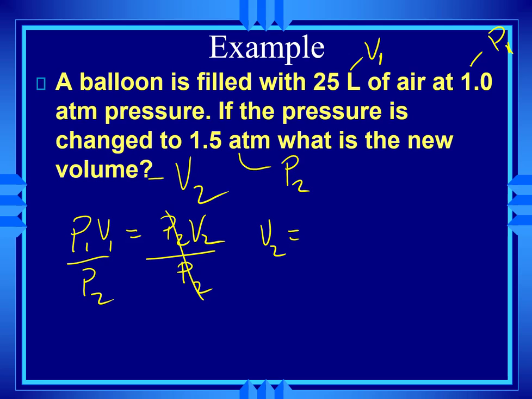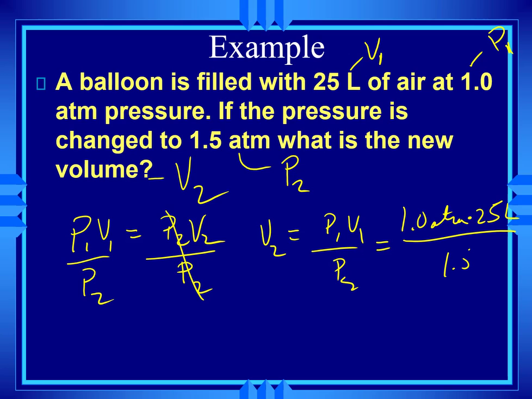So V2 equals P1 V1 over P2, which is 1.0 atmosphere times 25 liters divided by 1.5 atmospheres. My atmospheres cancel out and leave me with liters, which is good because I was looking for a volume. And 1 times 25 divided by 1.5 is 16.66666, which with 2 sig figs is 17.